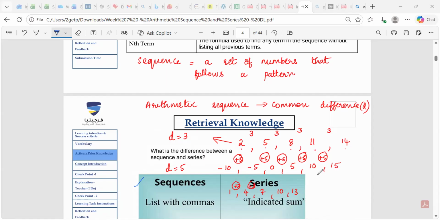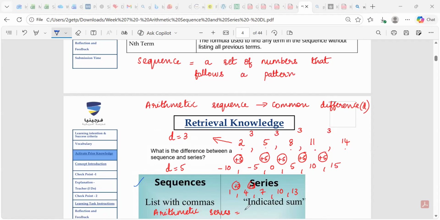Now, you have understood what arithmetic sequence is. Now you need to understand what an arithmetic series is. The arithmetic sequence, you can see here 2, 5, 8, 11, 14. If in this arithmetic sequence, instead of commas, you put a plus sign in between these numbers, that is called arithmetic series.